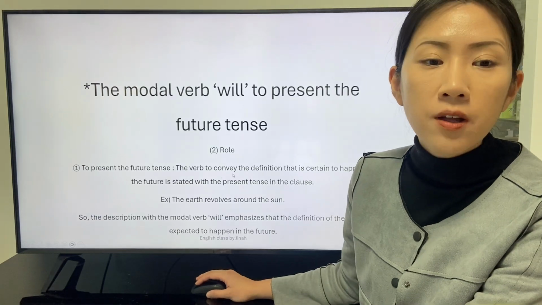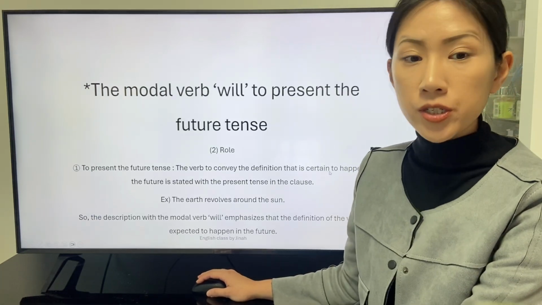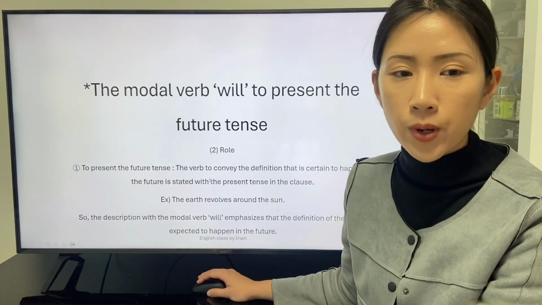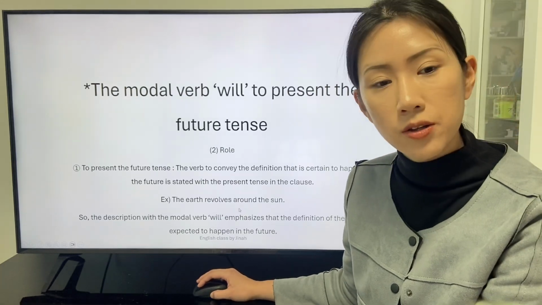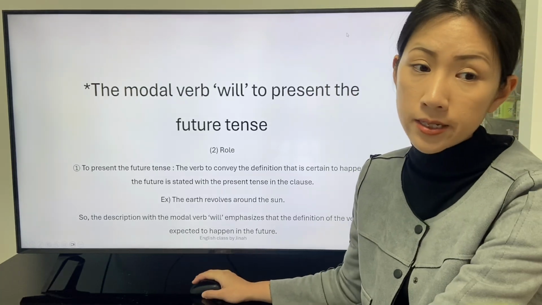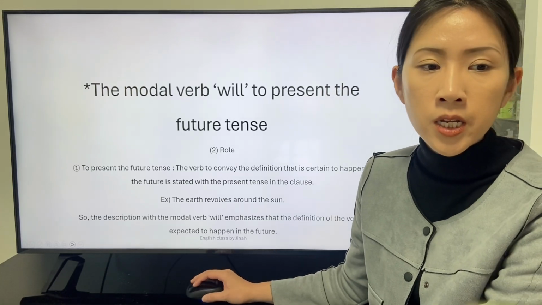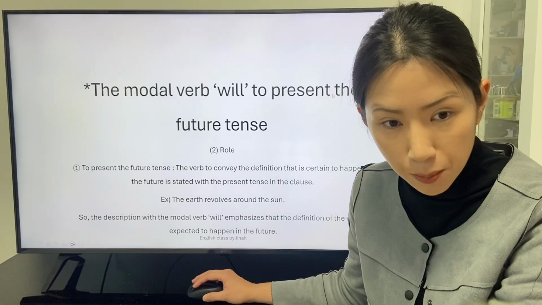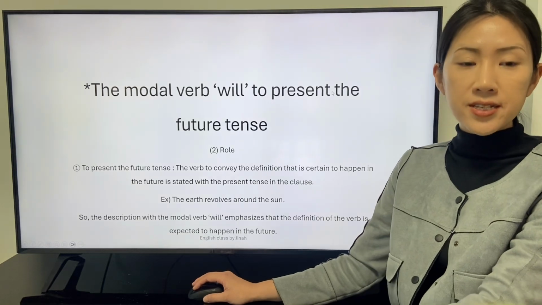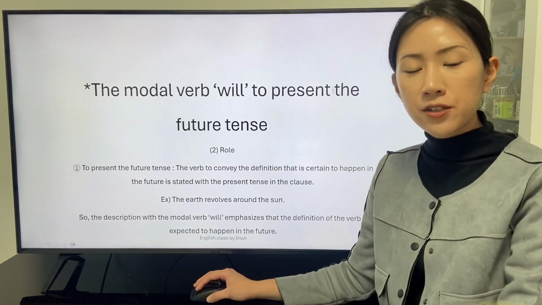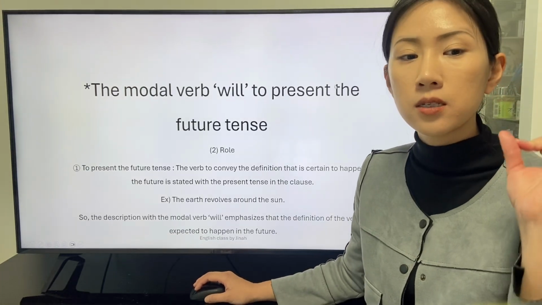The verb to convey the definition that is certain to happen in the future is stated with the present tense in the clause, like this exemplary clause, the earth revolves around the sun. So the description with the modal verb will emphasizes that the definition of the verb is expected to happen in the future.